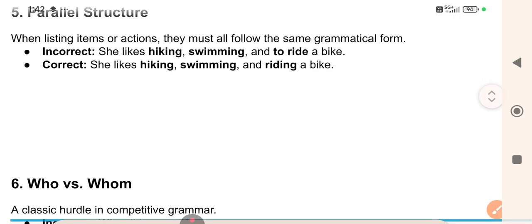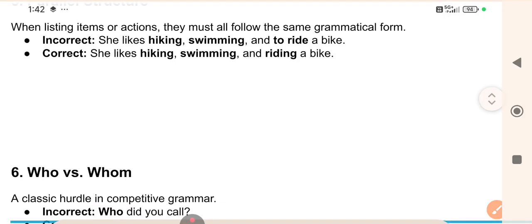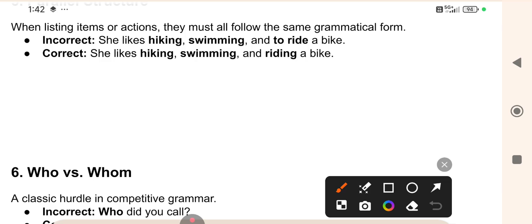When listing items or actions, they must all follow the same grammatical form. What is important here is that we have to follow the same grammatical form, or symmetry. Here: she likes hiking, swimming, or to ride.